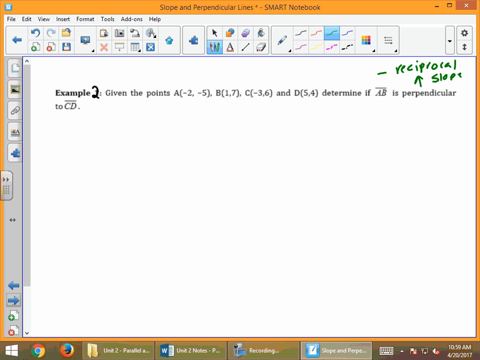Opposite sign, flip fraction. Whenever you see that word perpendicular, opposite sign, flip fraction. Okay. When you see the word parallel, think same slope.